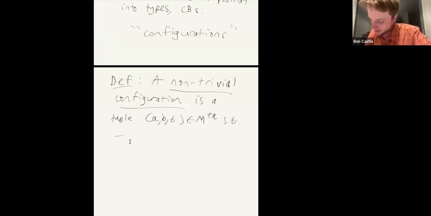The way it's going to look is that the dimension of T equals the dimension of A equals the dimension of B equals 1. The dimension of any two of them, AB, AT, BT, are all 2.